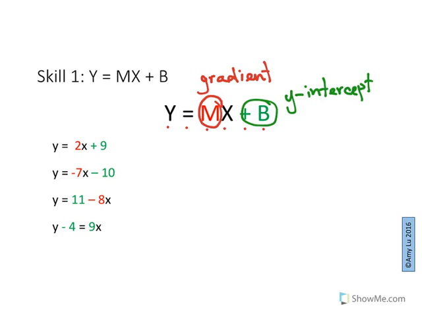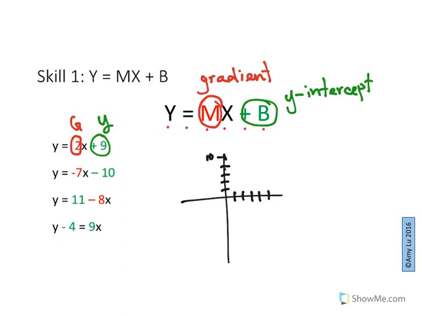So if we look at the first example, you have 2, which is going to be your gradient, and positive 9, which will be your y-intercept. If I were to make a sketch of this, let's pretend we are counting 2, 4, 6, 8, 10 by 10.